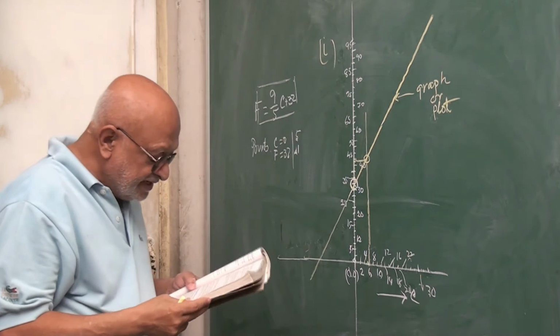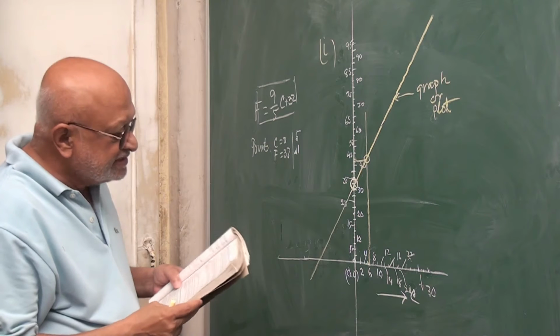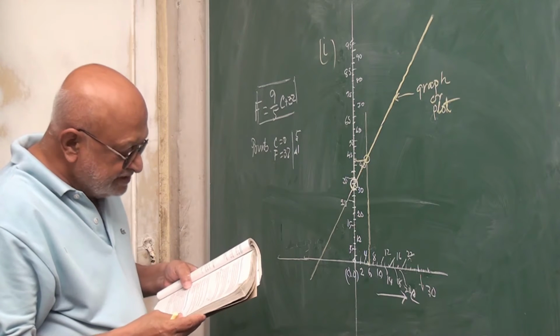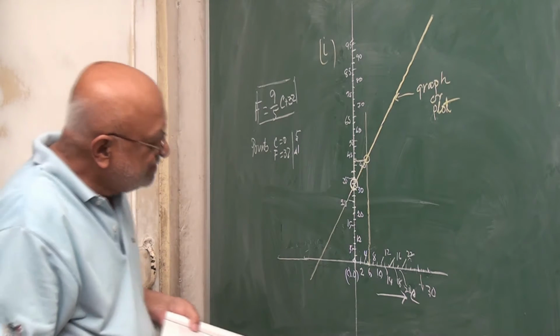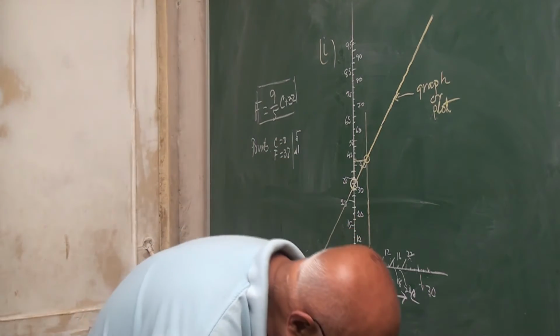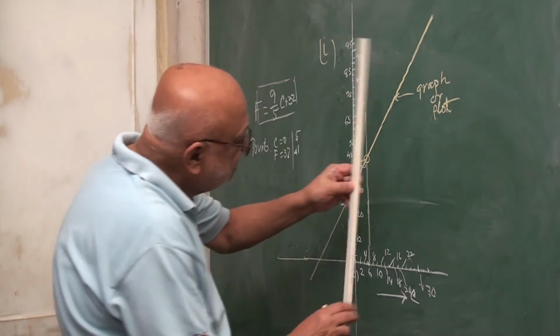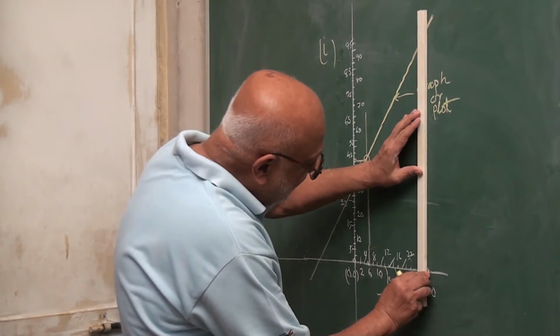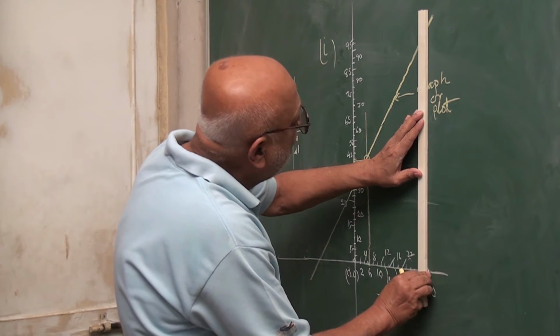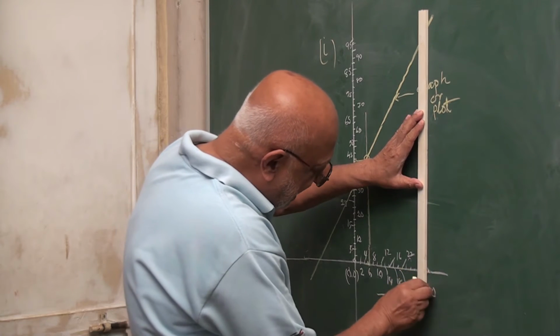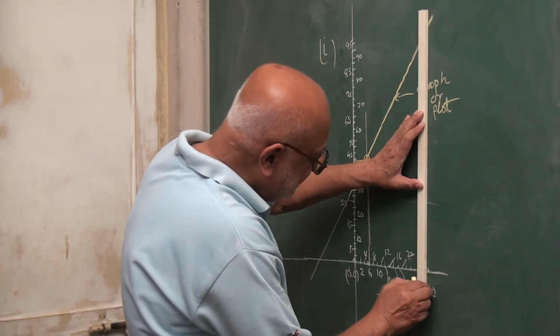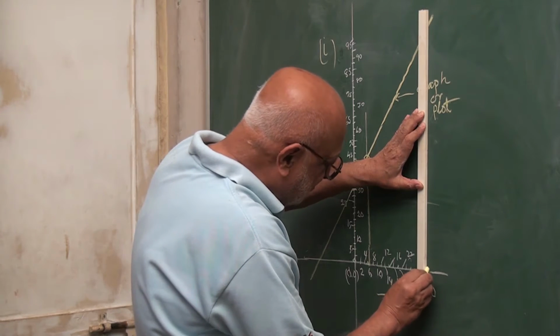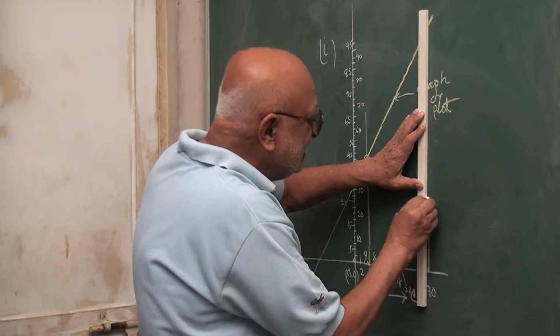Then it says, if the temperature is 30 degrees centigrade, what is the temperature in Fahrenheit? So what do I have to do? I have to take this 30, now draw a line which will go all the way up to there, and in fact bisect that. Not bisect, intersect that.